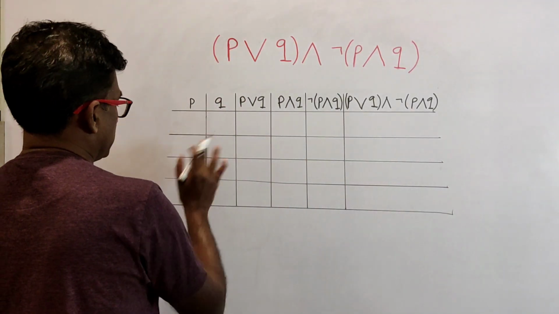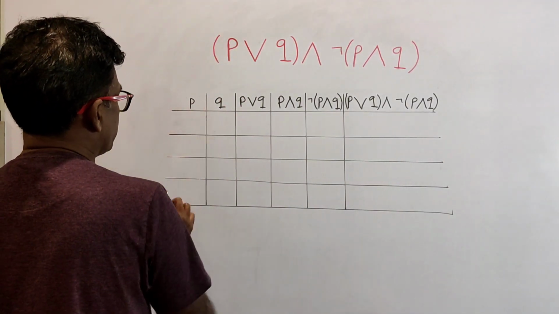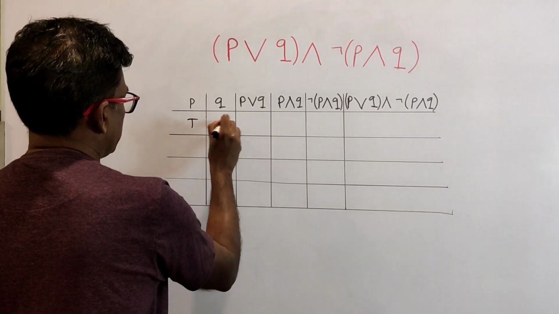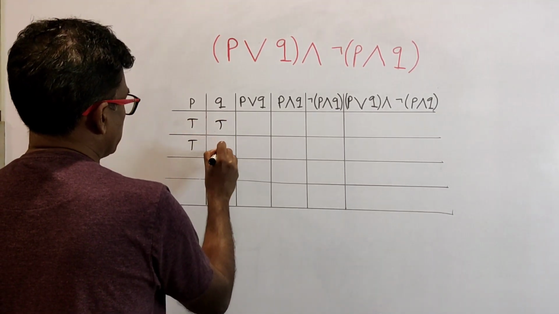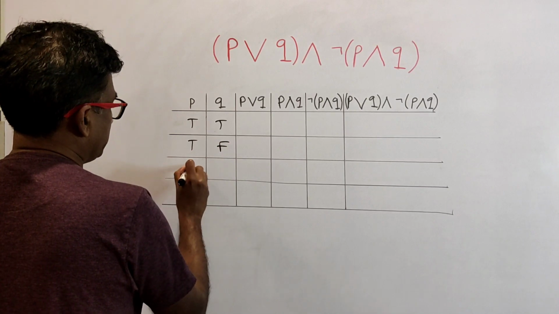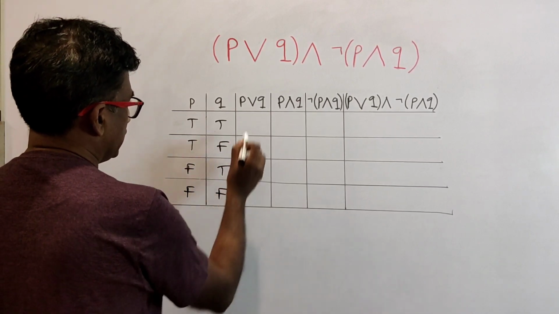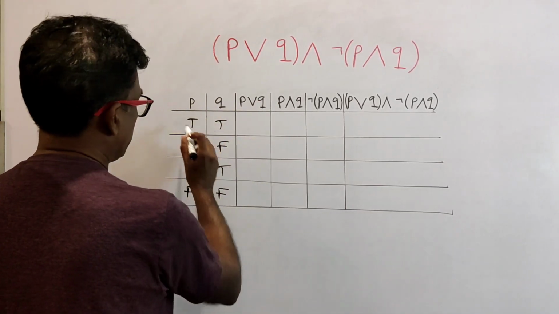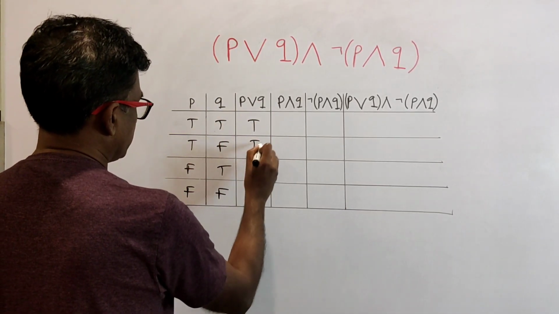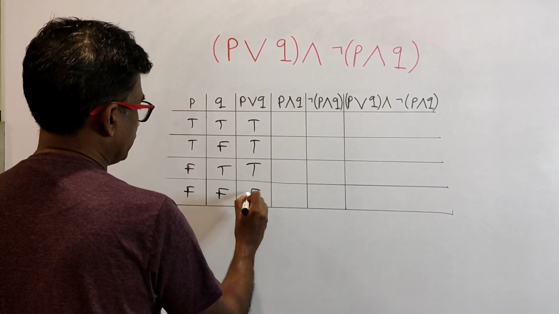Now the possible different arrangements of truth values are: both can be true, P can be true, Q can be false, P can be false, Q can be true, both can be false. Here, considering P or Q, this is true, this is true, this is true, this is false. Why?